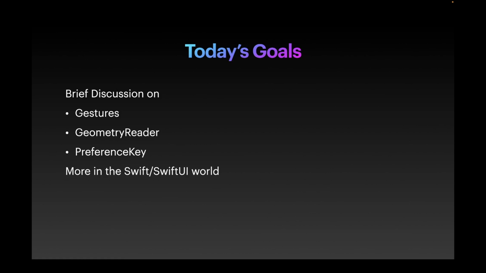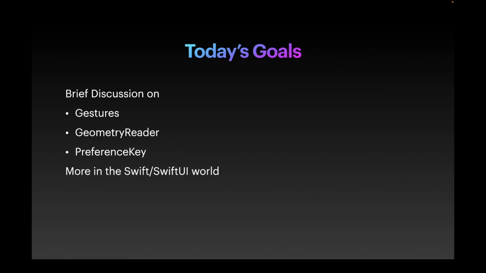We're gonna see some examples very soon. The last thing is preference key, a tool to help you pass data from the child view to the parent view. If we want to pass some data from the parent view to the child view, you already have some tools.